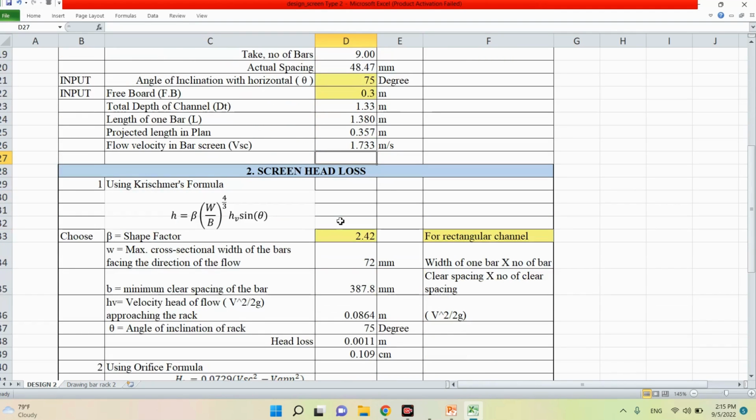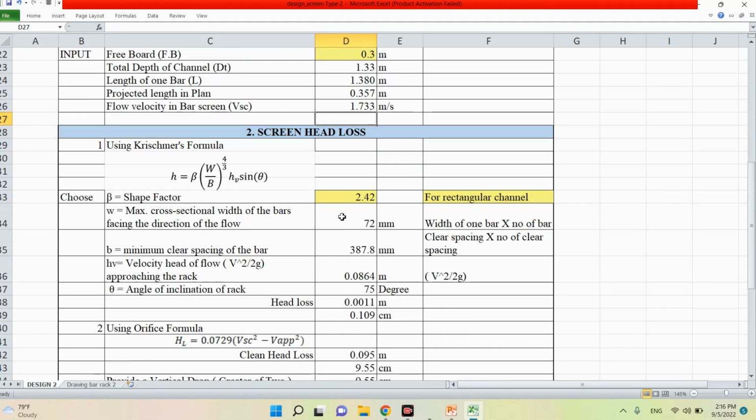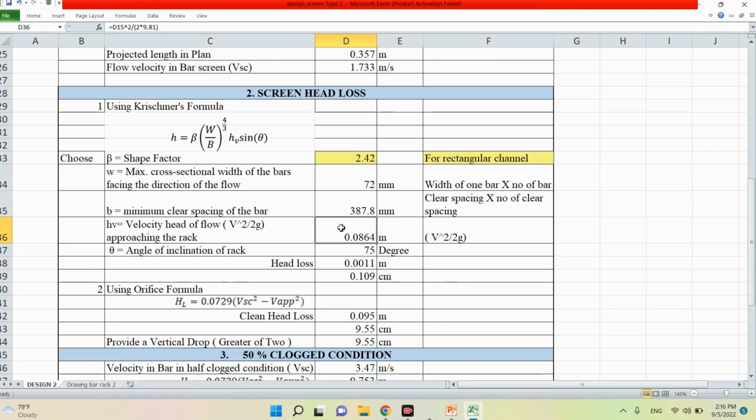Now we calculate the head loss by using the Kirschmer formula. The beta is taken as 2.42 for rectangular channel. The W is the max cross-sectional width of the bars facing the direction of the flow. The B is the minimum clear spacing of the bars. The HV is the velocity head of flow approaching the rack.